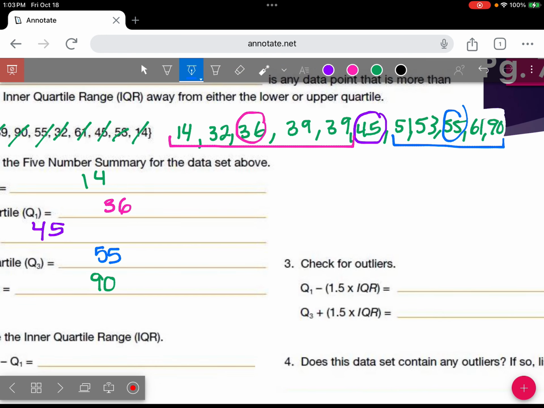So when we're looking at a box and whisker plot, we put our minimum on one side, our maximum on the other, so it was 90, and they get connected with a line. We have our 36. Ideally, these would be to scale, but I'm doing it by hand and we're kind of eyeballing it.